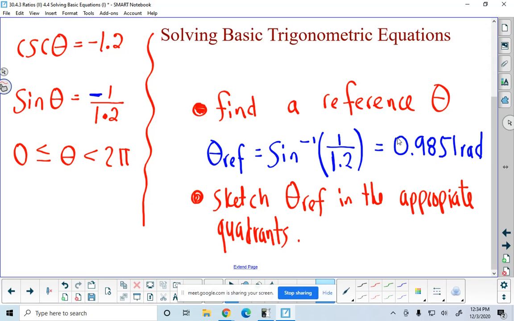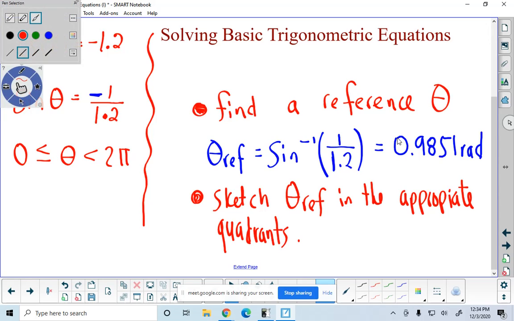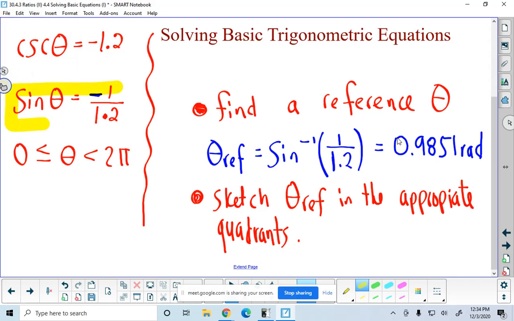And we don't have to go back and look at the cosecant statement to determine the appropriate quadrants. What we can do is say that since sine was negative, and sine is defined in terms of y and r, we're looking for quadrants where y is negative. R, of course, is always positive.